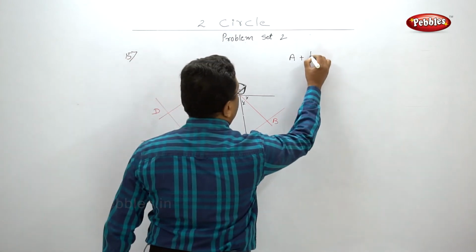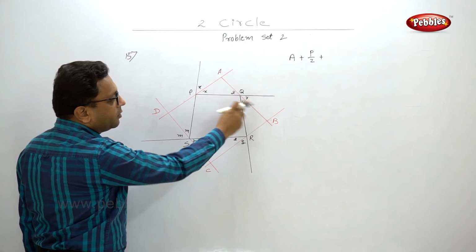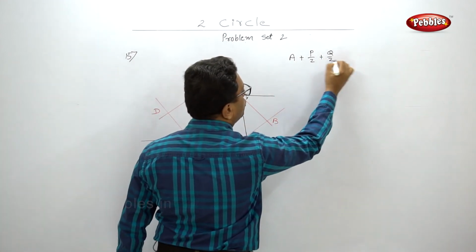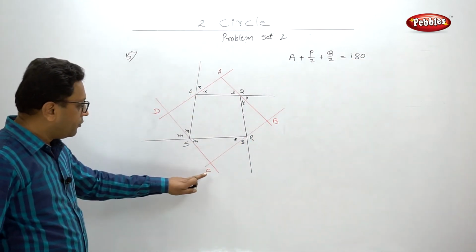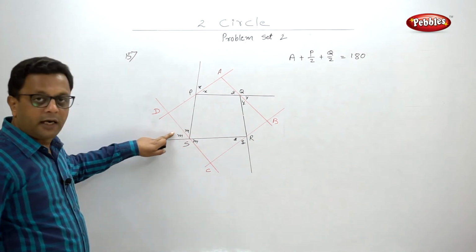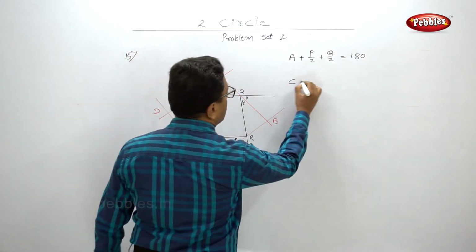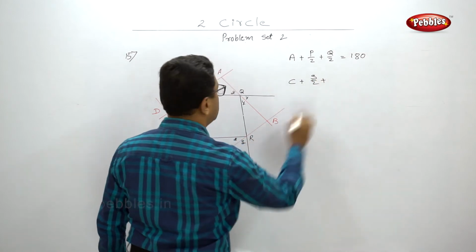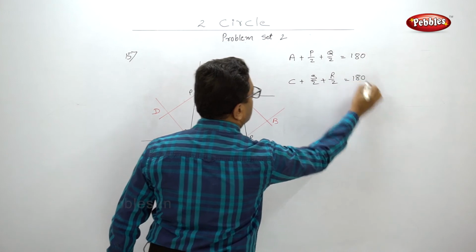So I will write A plus P by 2 plus, what is y? y is half of this exterior angle Q. Q by 2 is equal to 180. And similarly in this triangle we have C plus half of this, which is m, and this is also m. So half of this exterior angle S and half of R: C plus S upon 2 plus R upon 2 is equal to 180.